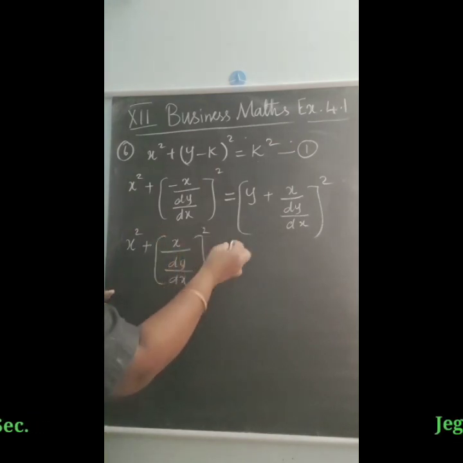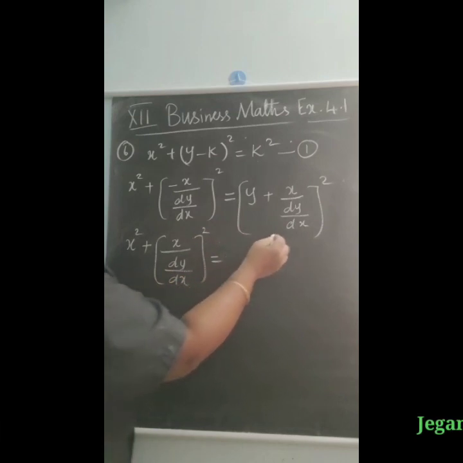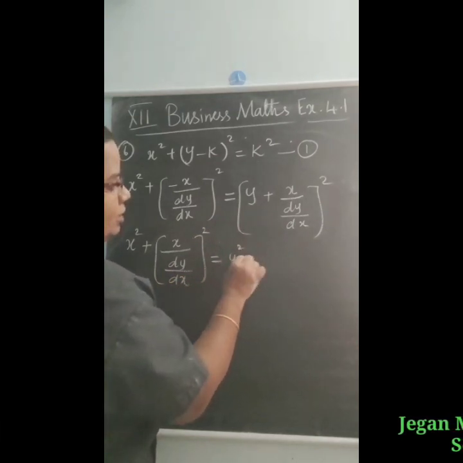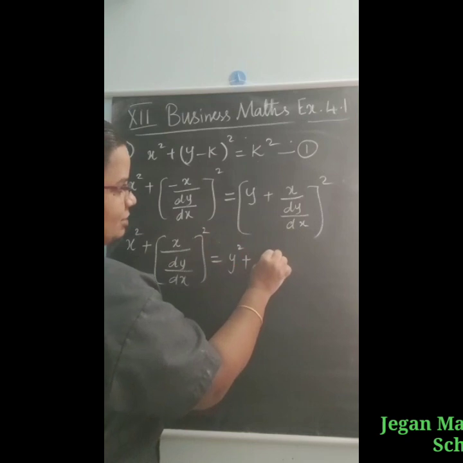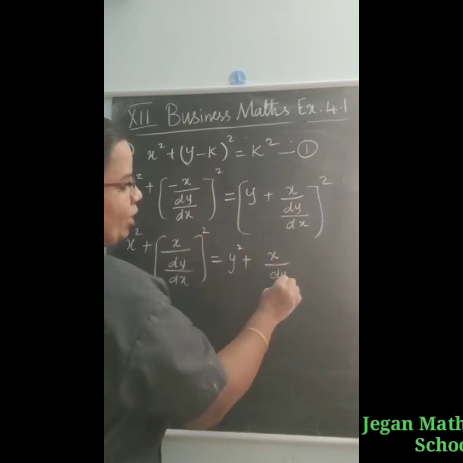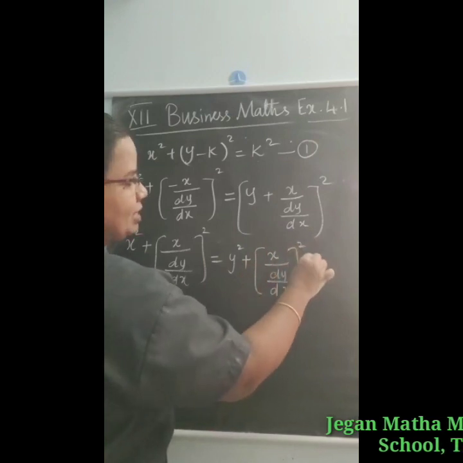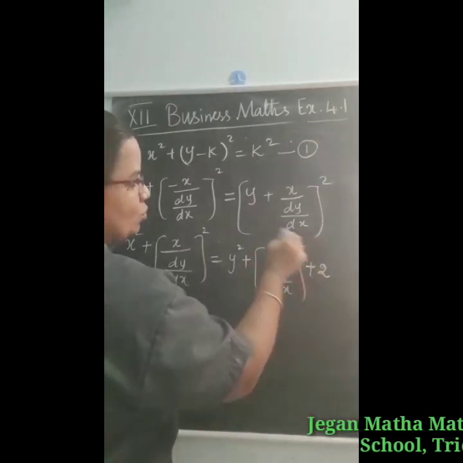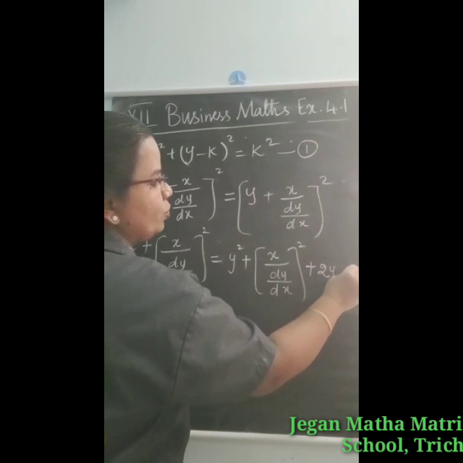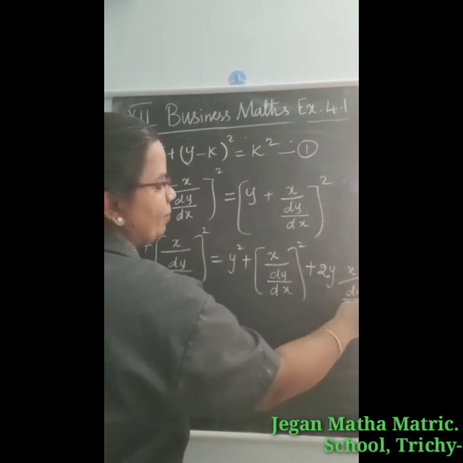And for a squared plus 2ab: y squared plus b squared, that is x by dy by dx the whole squared, plus 2ab, so 2 into y into x by dy by dx.